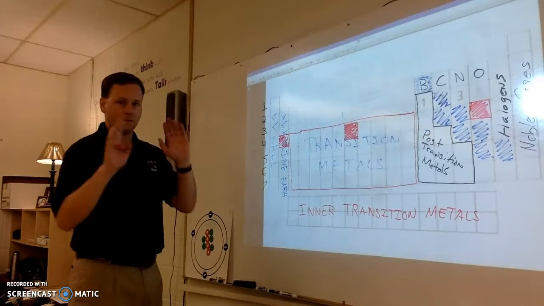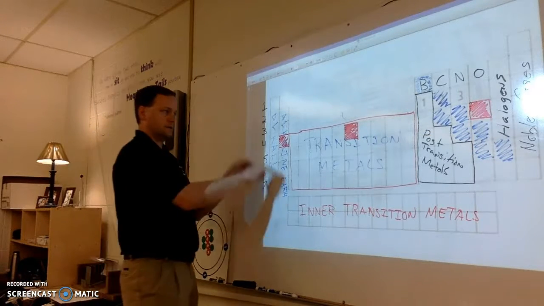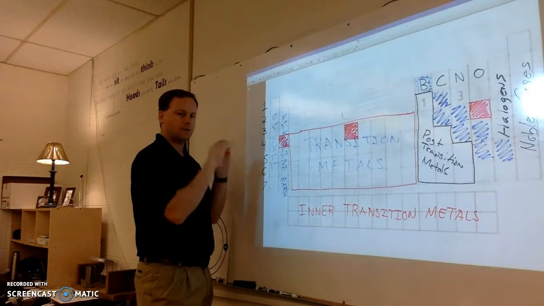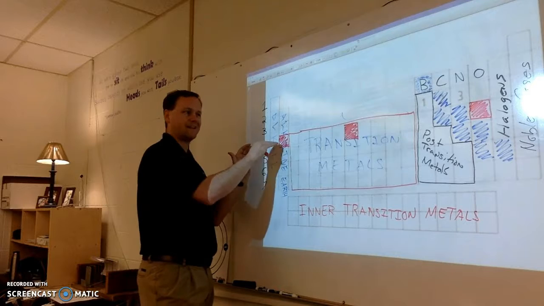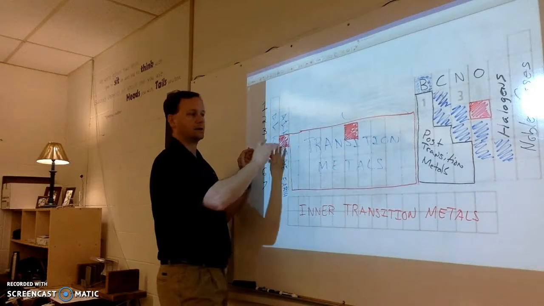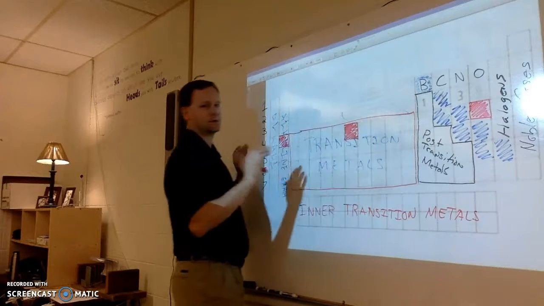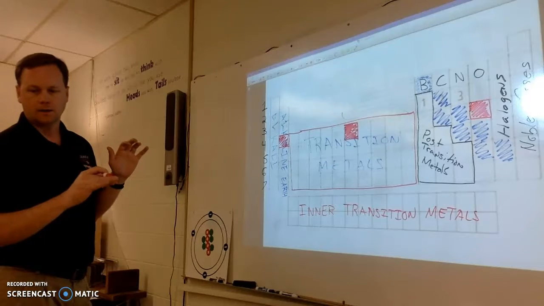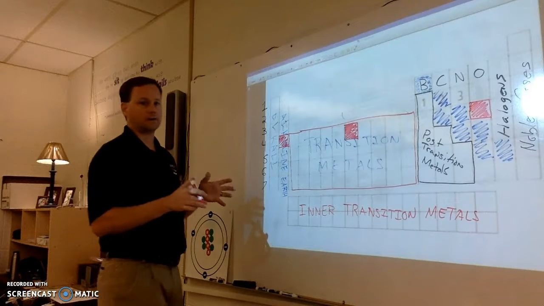So listen carefully. The total number of shells is the same. The shell that contains the bonding electrons is the same, because the outside electrons do the bonding. These other electrons up here don't do the bonding. But the number of bonding electrons is different.